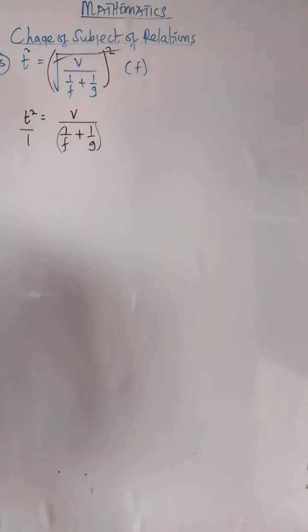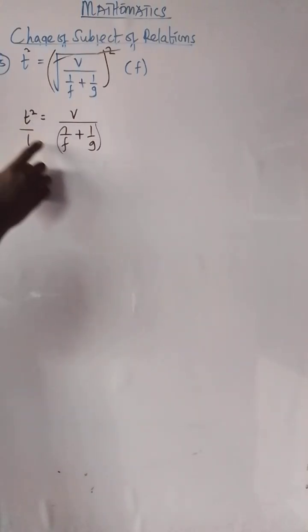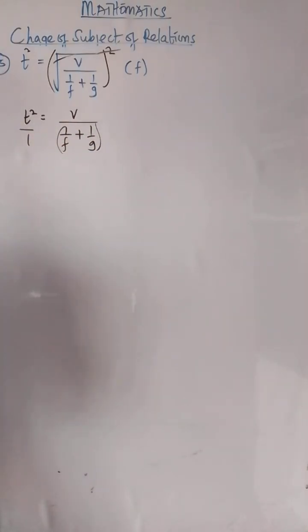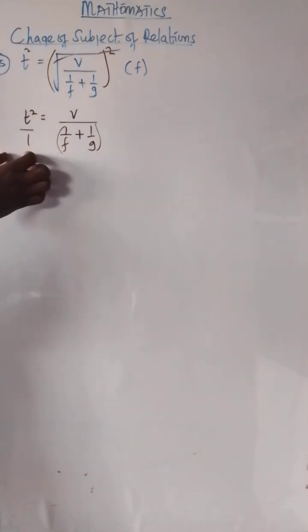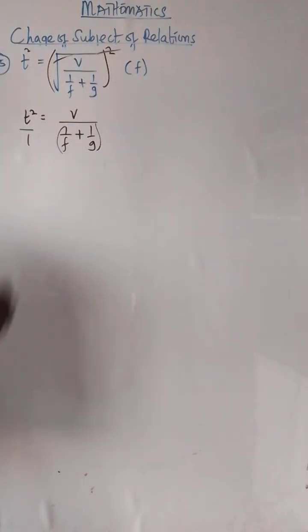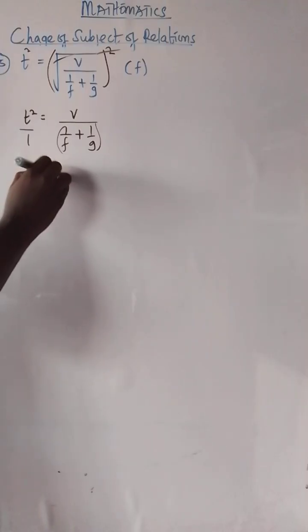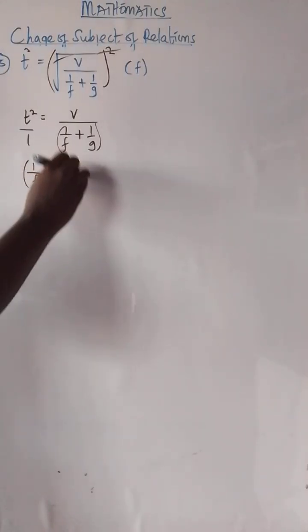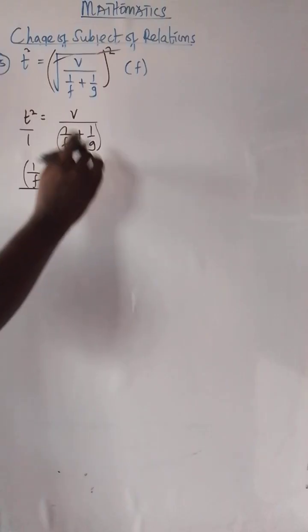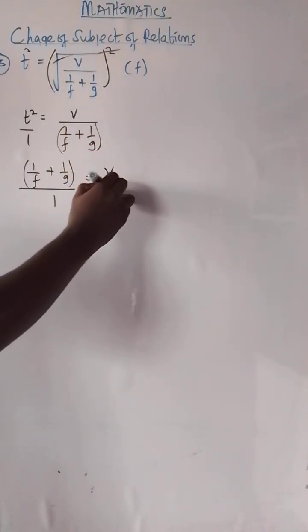So what happens here? We can just cross multiply. Oh, look at this. Because if you cross multiply, this might look more confusing. In maths, this side can divide this. So I can say the whole of this over (1 over f plus 1 over g), everything divided by 1. This over this equals to this over this, v over t squared. It is allowed.